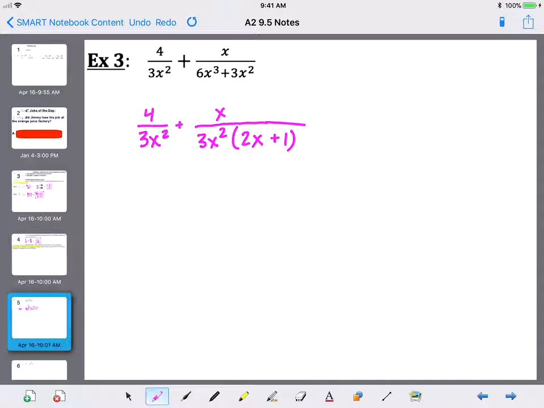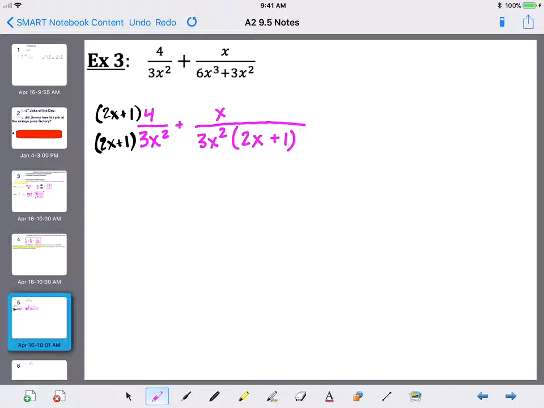So I notice that this fraction on the right has this 2x plus 1, but my first fraction is missing that. So if I multiply this fraction over here by 2x plus 1, and I have to do that in the numerator as well to keep things the same, that's going to give me my common denominator.